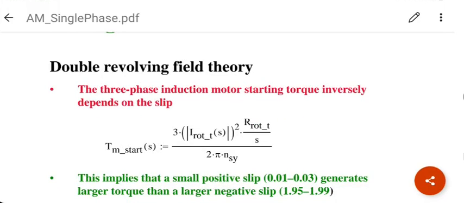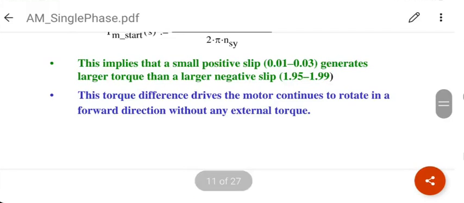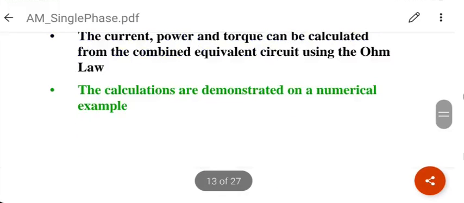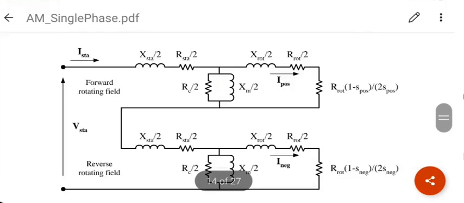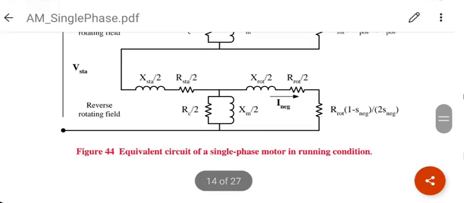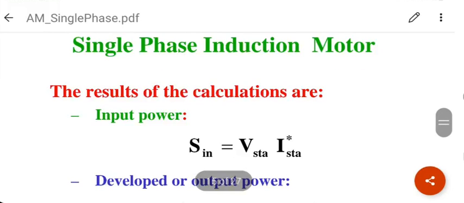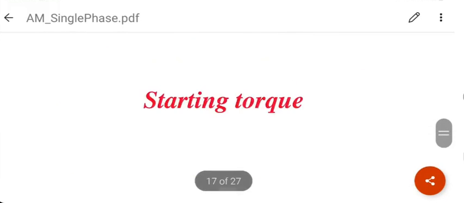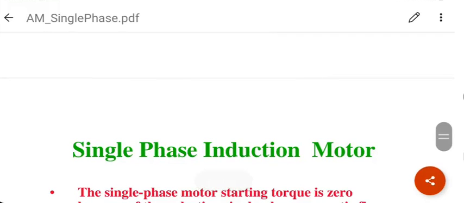So forget this formula. Okay, equivalent circuit also you can forget. I don't think we have time to go into details of this motor. We have many other items to look at. So forget mathematics here. Okay, remember the physical part of how this motor works.